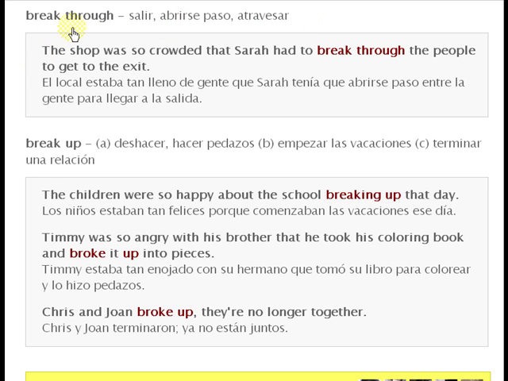So when you break through, you more or less open an opening. You make an opening, okay, so you can go through. The shop was so crowded that Sarah had to break through the people to get to the exit. So there she is. She opened up a way for her to get through.